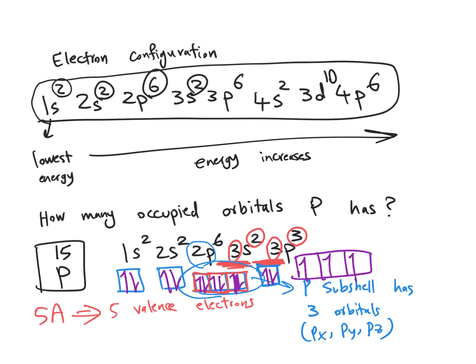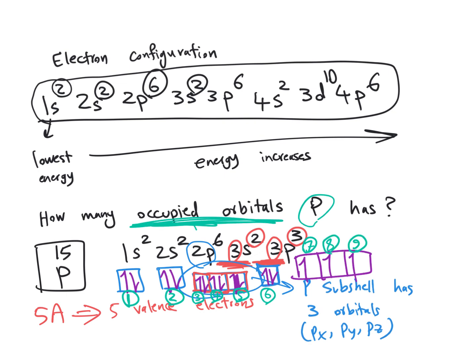I'm asking how many occupied orbitals phosphorus has. And that is phosphorus, don't confuse that with the other P. Phosphorus has, so you say 1, 2, 3, 4, 5, 6, 7, 8, 9.